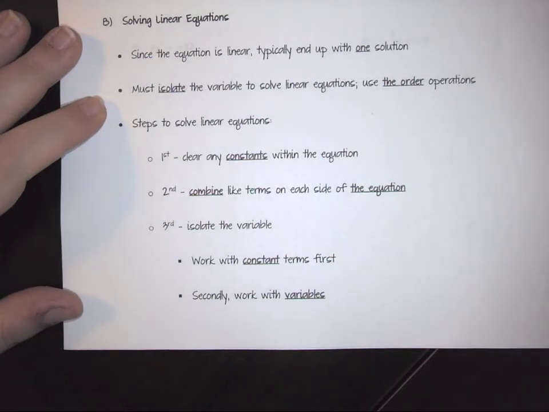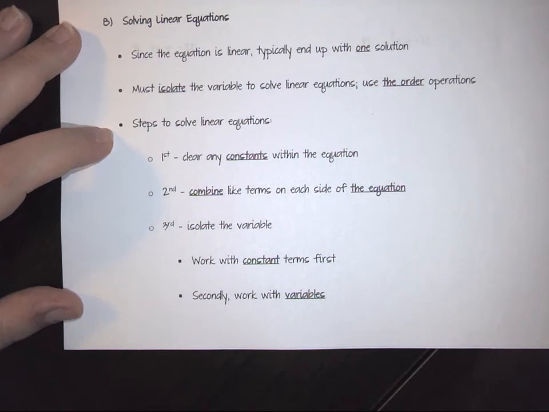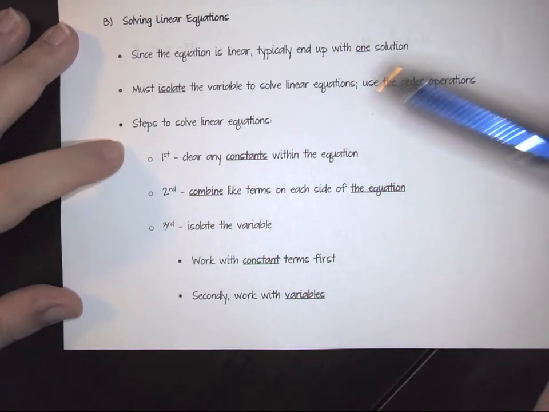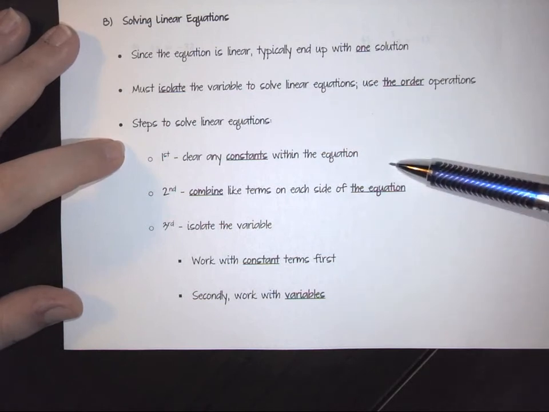There's a few easy steps that can be used in order to solve linear equations. Linear typically has one solution. Therefore, there should only be one answer that you can find for that variable that would make your equation work. The easiest steps to follow are the following.